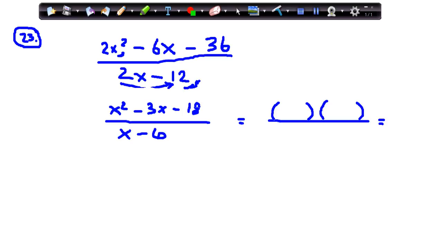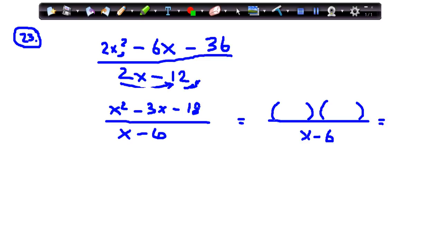We'll factor the numerator, which means we're going to go ahead and bring the denominator over, which is x minus 6. Now that we have the problem set up, let's go ahead and factor.